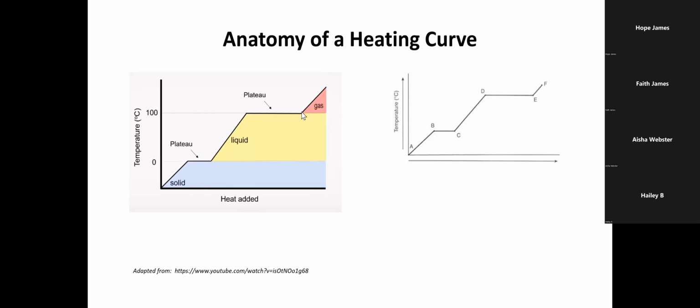Okay. And then again, at that point, we can add more heat and the temperature of our gas will increase. Okay. All of those things are things we've talked about before, right? Heating materials and having the temperature go up, different phase changes. We've even talked about how much energy it takes to change from a solid to a gas in the Born-Haber cycle.